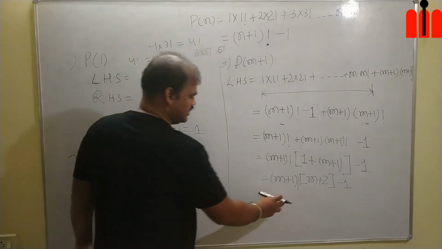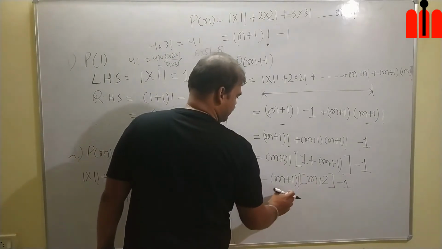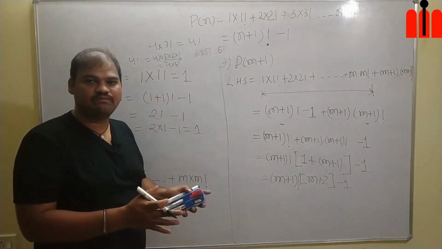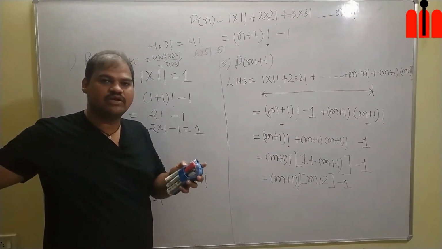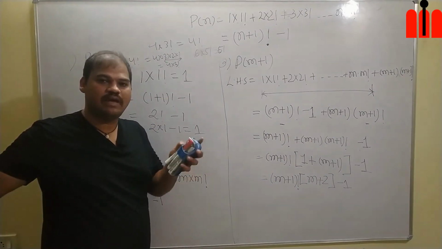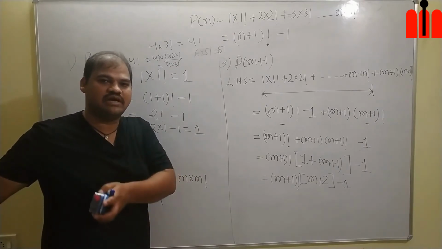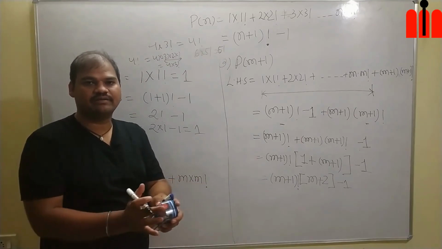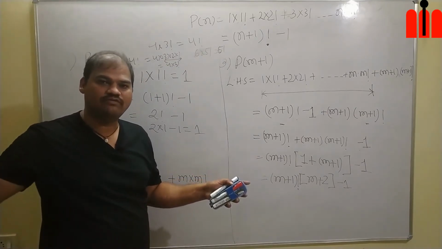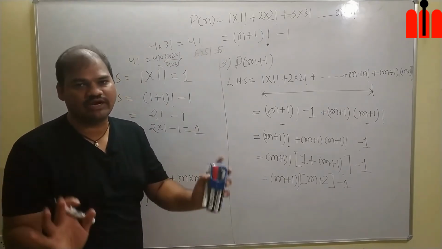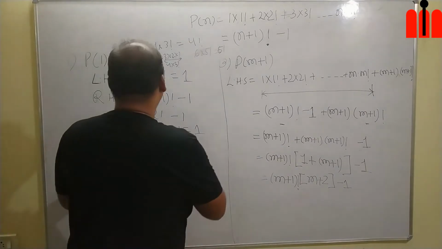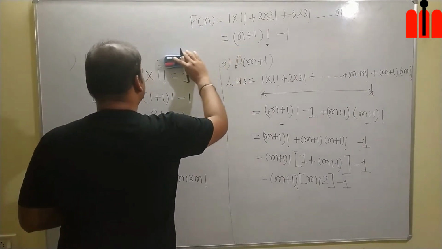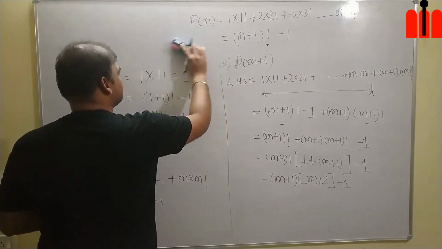Here there is a difference of 1, so m plus 2 is multiplied to m plus 1 factorial. m plus 1 factorial has m plus 1, m, m minus 1 till 1, and multiplied by m plus 2, this entire term from m plus 2 to 1 becomes m plus 2 factorial, right? This is just for your understanding.